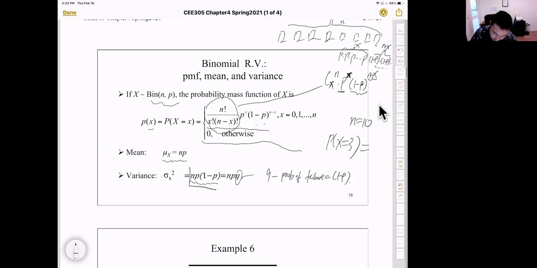Just remember this. As long as the experiment follows a binomial distribution, this is the equation for the PMF, this is the mean value, and this is the variance.